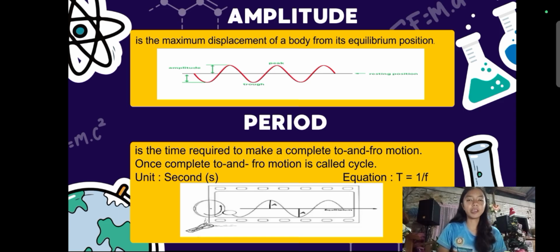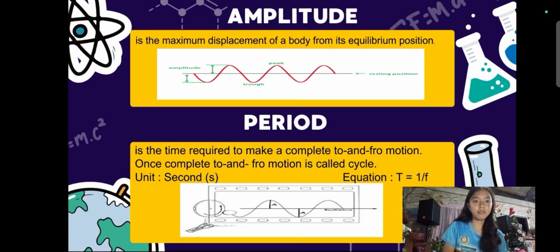Next is period. It is the time required to make a complete to-and-fro motion. Once a complete to-and-fro motion is done, it is called a cycle. Period is represented by the letter T. T is the time needed to complete one cycle, meaning one full back-and-forth movement.